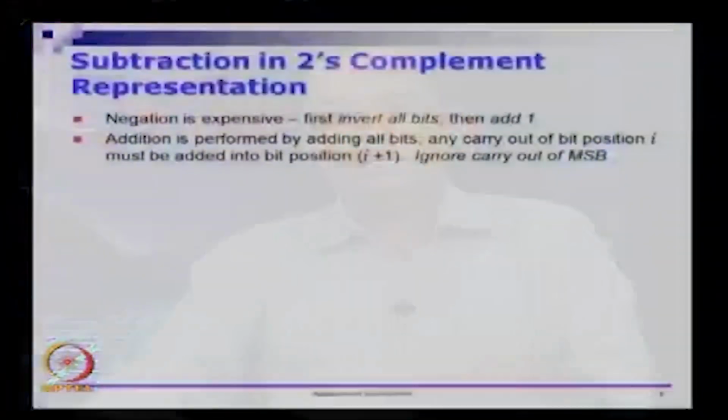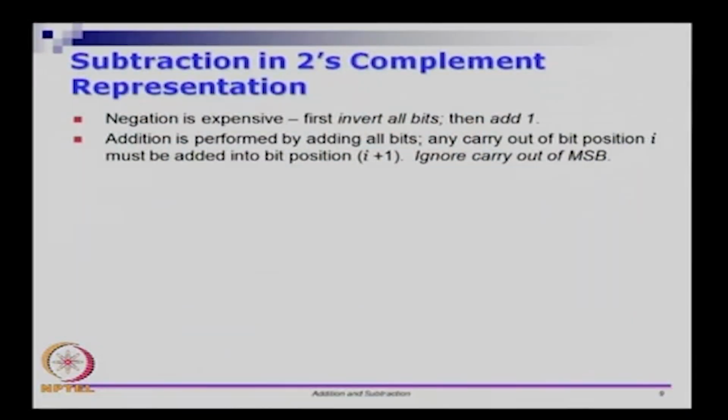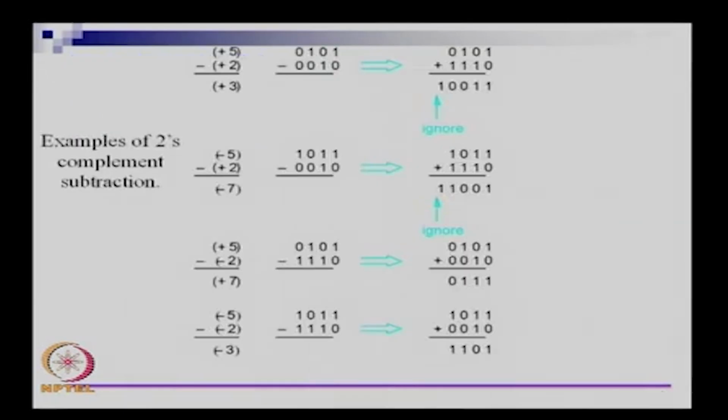That is the way we do negation of 2's complement numbers. Again I want to emphasize that negation does not work only on negative numbers. Negation of any number in 2's complement form is: you invert all the bits and add 1, that will give you the 2's complement representation of negative x if you start with x. Addition is performed as before, you ignore the carry. So, let us see the examples.